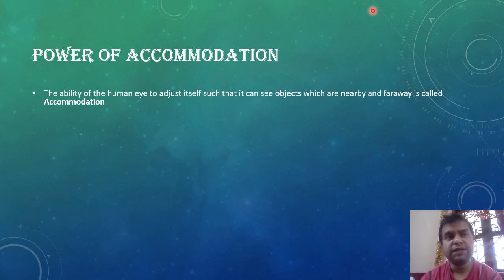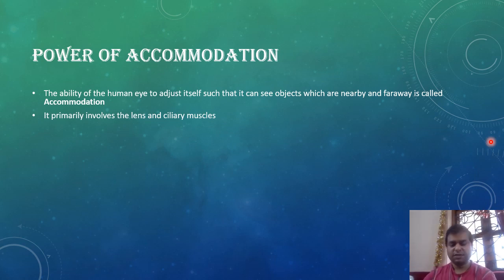But if you're looking at a ship on the horizon, at a sea or on a beach, then we try to strain our eyes to see that particular ship, which would be very far away. So how does our eye adjust to images which are close by and far away? That is what we discuss over here, and that is called the power of accommodation, the ability of the eye to see objects which are nearby as well as those which are far away.